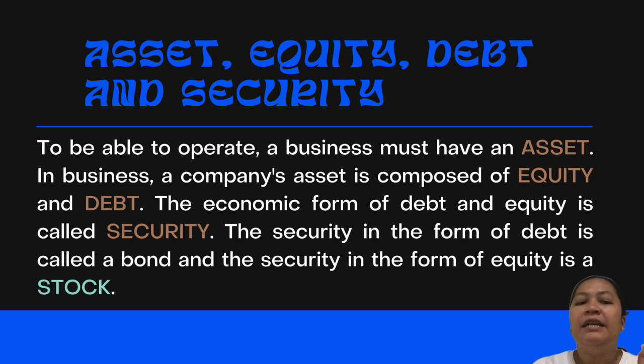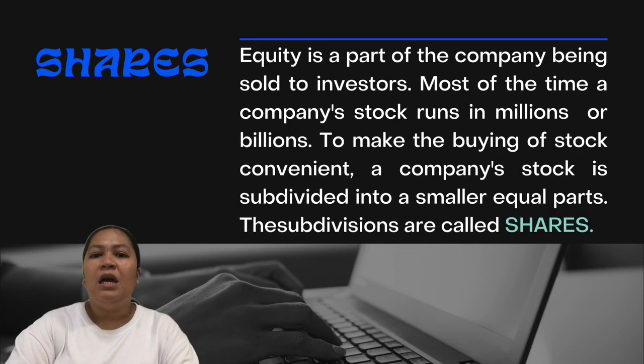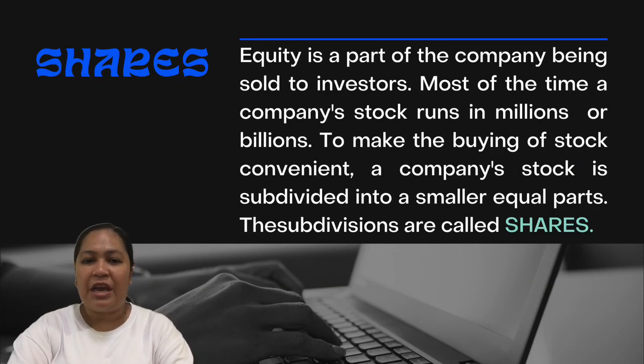When we say equity, a form that is not a debt, that is stock. Understand the difference between equity and debt. Debt is bonds, and equity is stock. Okay? Next, we also have shares.